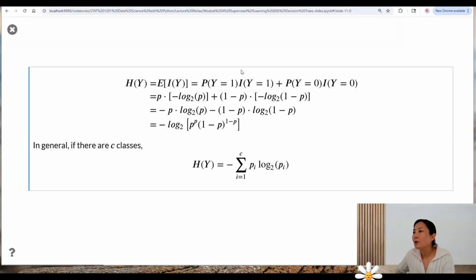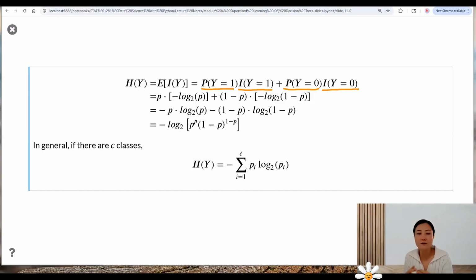So Y can be equal to 1 or 0. The information gain we can get if Y is equal to 1 is this, and the corresponding probability is naturally this one. Similarly for the Y equals 0 case. You can consider this as one random event or the outcomes of two random events.